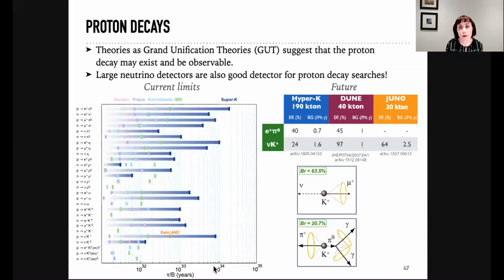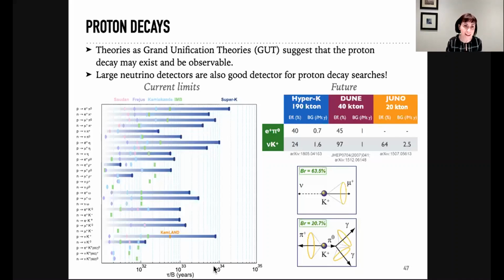Before we move on to lepton violation, fairly briefly, I just want to highlight that in these experiments, given the huge detector in the final state, you can also measure proton decays. So proton decays are protons that can decay.